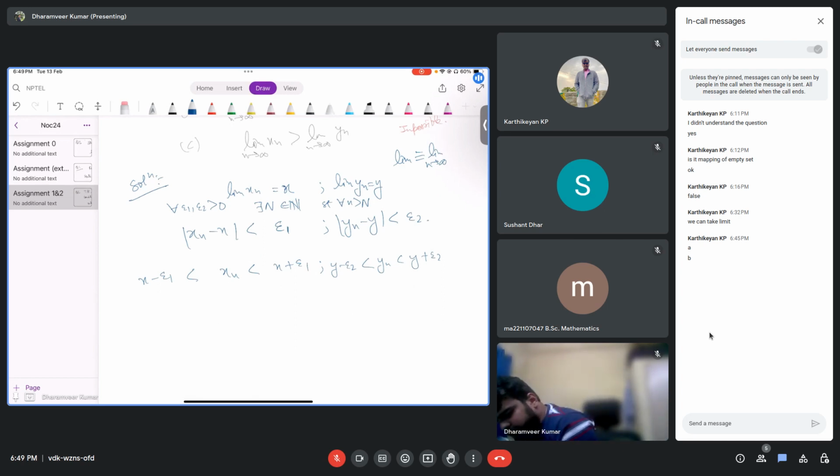So what we can do is we can get a condition. So xn is greater than or equal to yn.